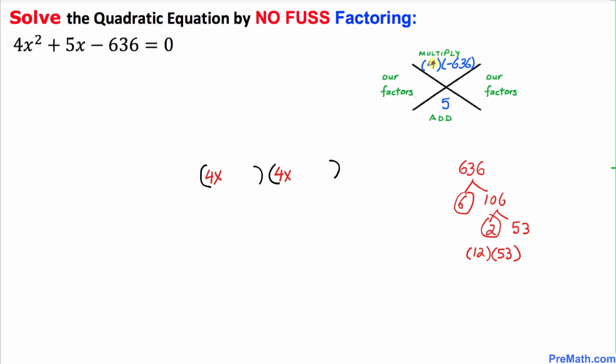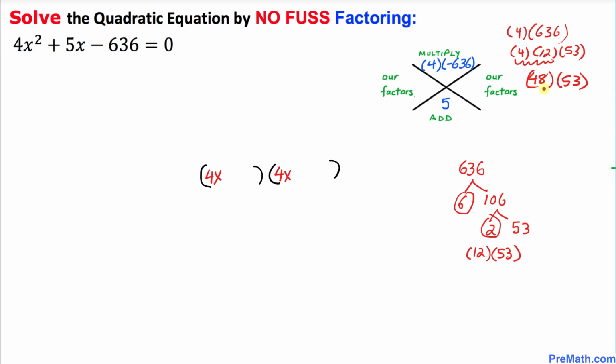So that means this 4 times 636, I can write as 4 times 12 times 53. And if I multiply 4 times 12, that is going to give us 48 times 53, isn't it?